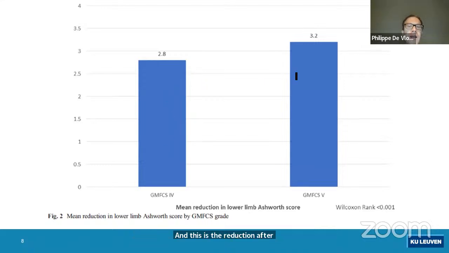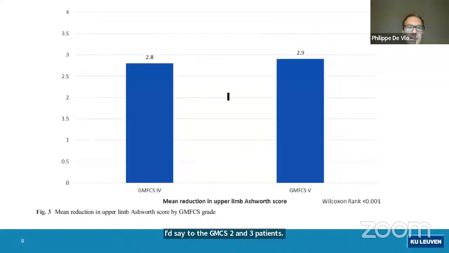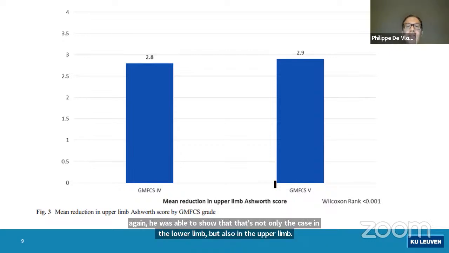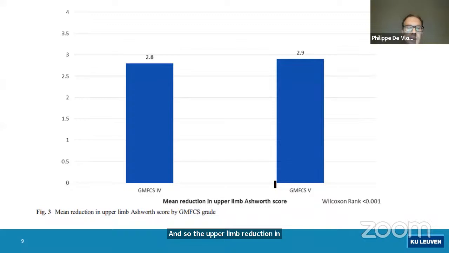You can get about a 3-point reduction in modified Ashworth scale in spasticity in this patient group. So very similar, I'd say, to the GMFCS 2 and 3 patients that are the classical candidates for SDR. And again, he was able to show that that's not only the case in the lower limb, but also in the upper limbs. The upper limb reduction in modified Ashworth scale was very similar to the lower limb reduction.